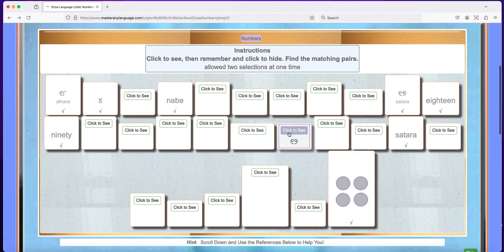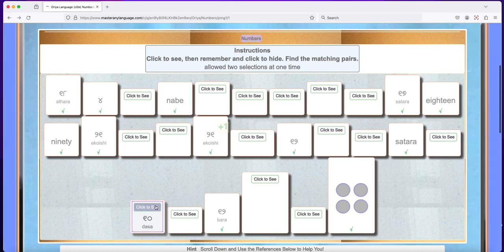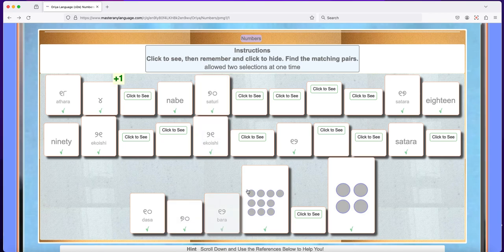This is bara. Ekoishi. Ekoishi is right next to it. Right here. Dasa was here. Dasa. Satri. I think that was Satri. Yeah, Satri. Then Shatiye was here too. Numbers is that one.